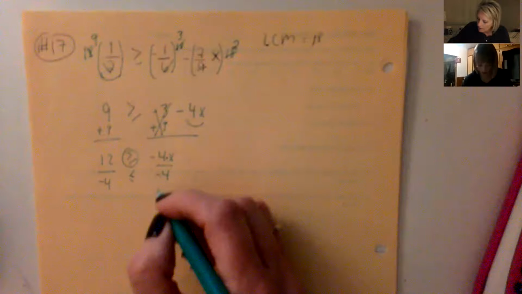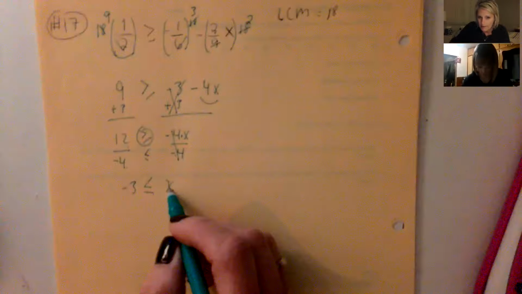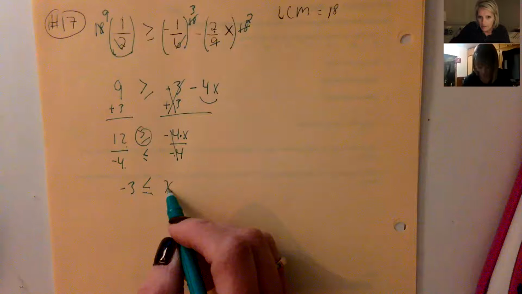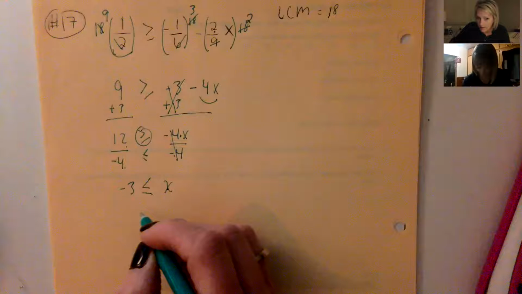So it's going to be a less than here, and then 12 divided by -4 is -3, and then X. Okay, so reading it this way throws me off a little bit, so I'm going to write it so X is on the left. Because this says that -3 is less than or equal to X, I'm going to write X on the left.